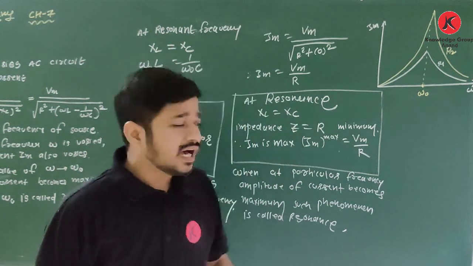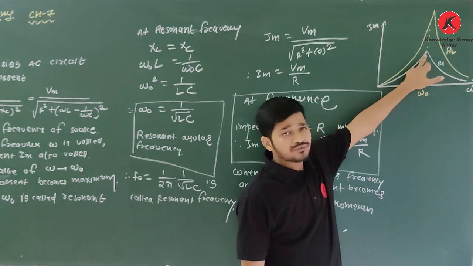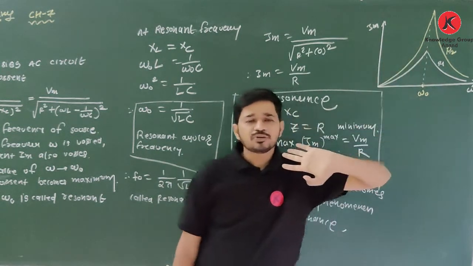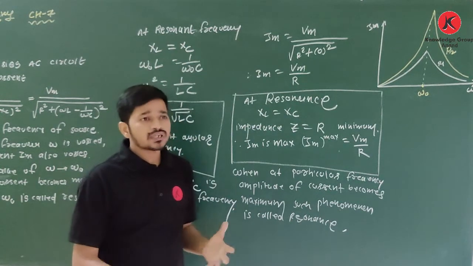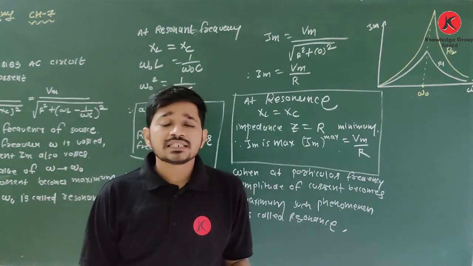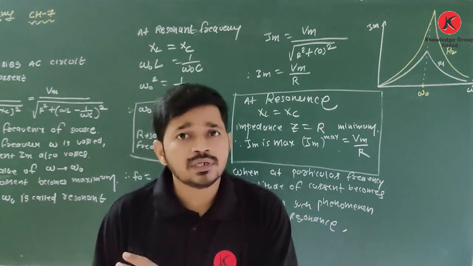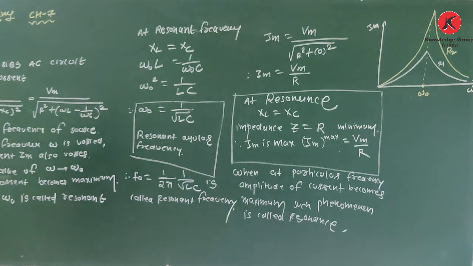At some particular value of omega, the amplitude of current becomes maximum. So the amplitude of current is maximum, and the power dissipated in the circuit is also maximum. Clear about this? So yes, it is all about resonance.